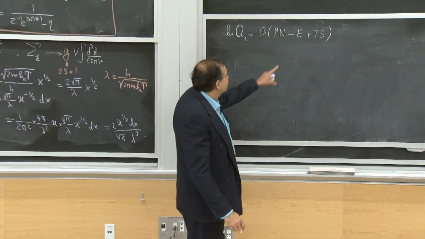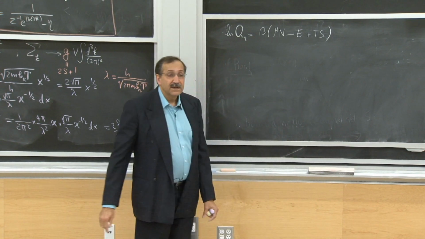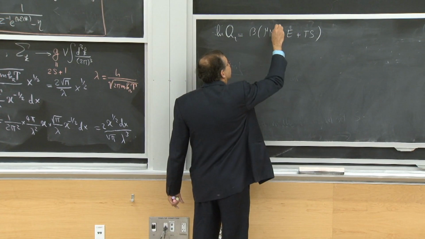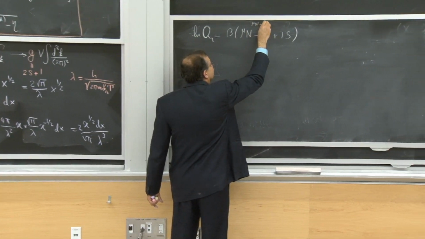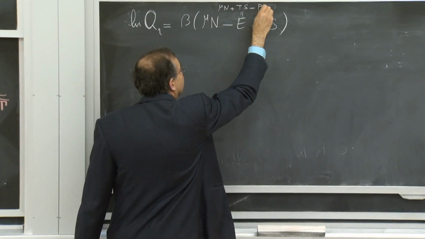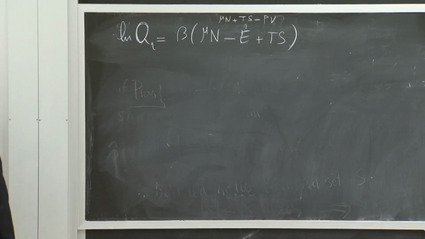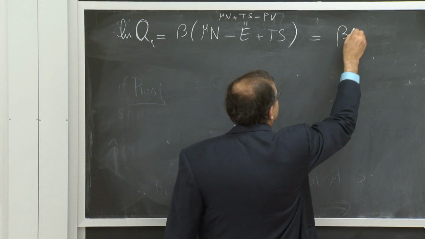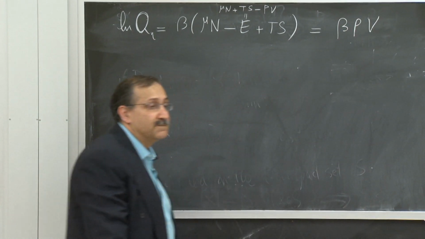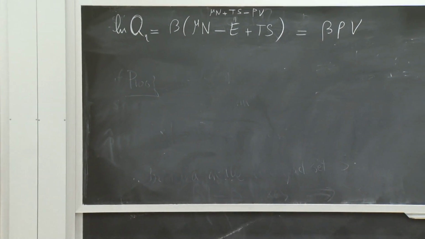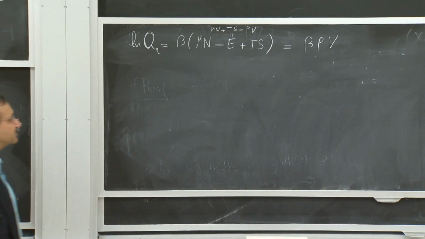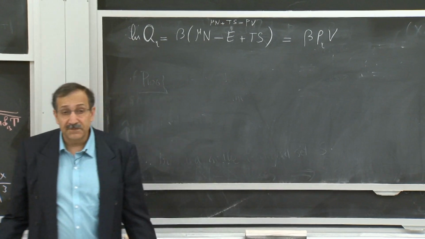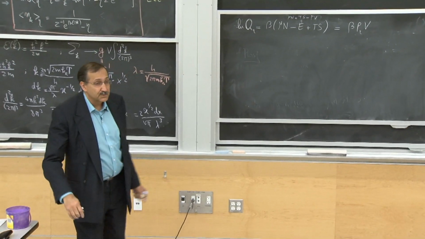And when we substitute for a system that is extensive, where E for a gas is mu n plus Ts minus Pv, we see that the log of the partition function is simply the combination beta Pv. Of course, again, this pressure as a function of density or chemical potential would be different whether we are thinking about bosons or fermions.